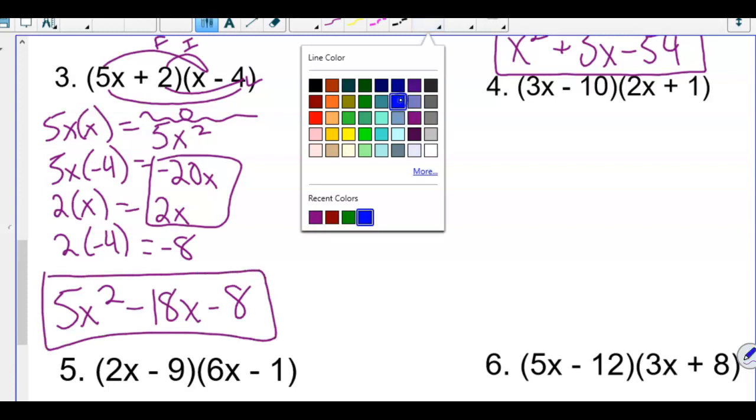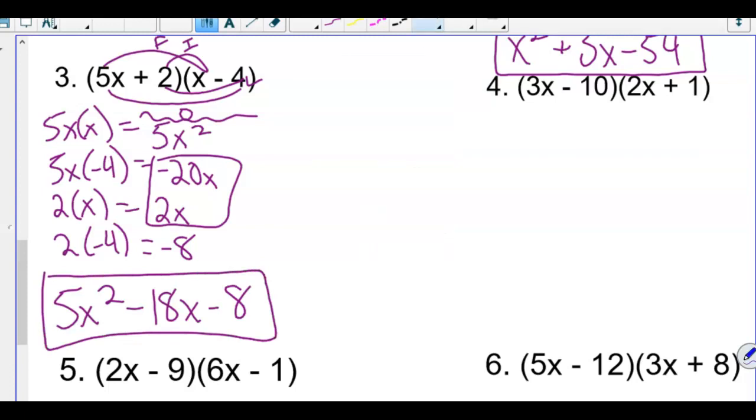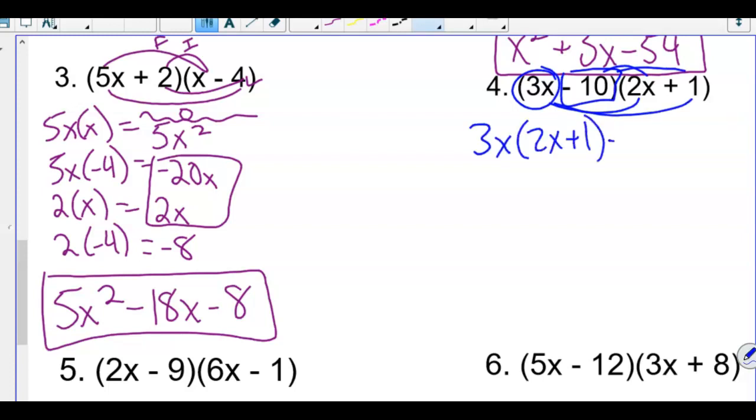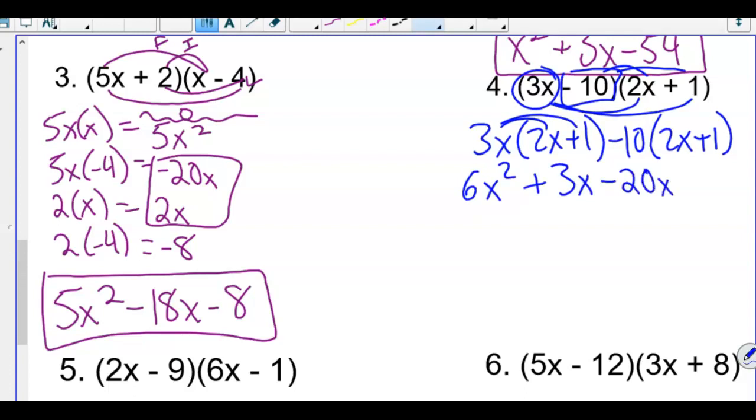Using my other way of multiplying, I'm going to take 3x and multiply it to everything, and then negative 10 and multiply it to everything. So 3x times 2x plus 1, and then negative 10 times 2x plus 1. So this would be 6x squared plus 3x minus 20x minus 10.